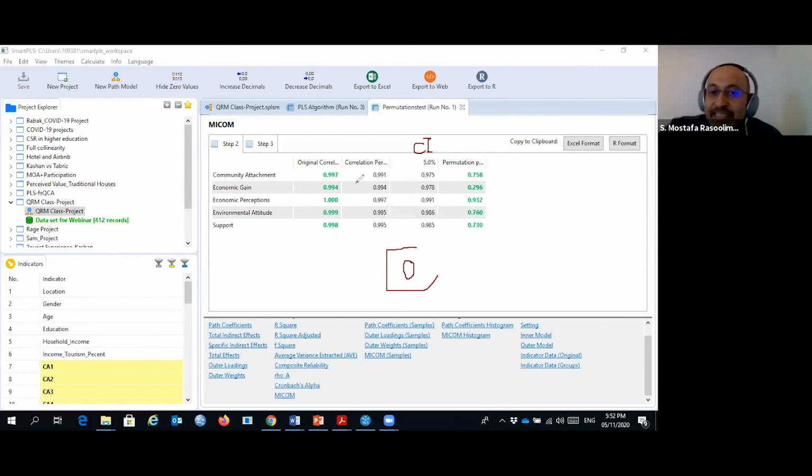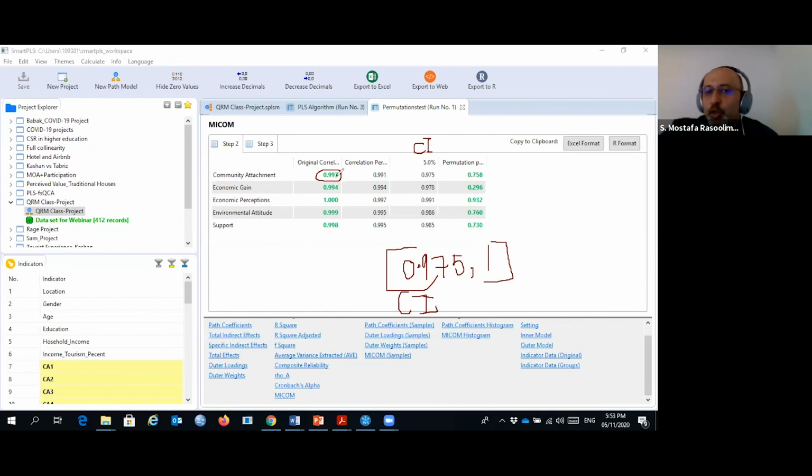So this value should be between the lower level of the confidence interval and 1.